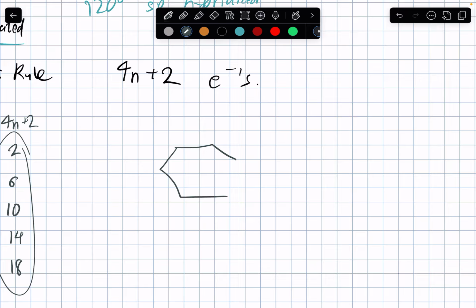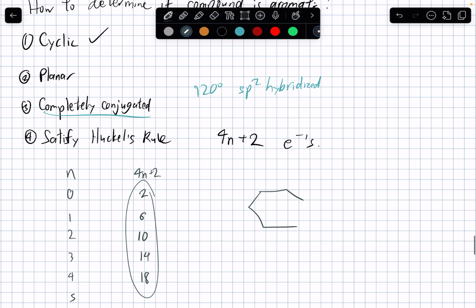So this is 1,3,5-hexatriene. There is no overlap. This does not form a ring. Therefore, it is not cyclic. So requirement 1, it's not fulfilled already. It is planar. Wait.